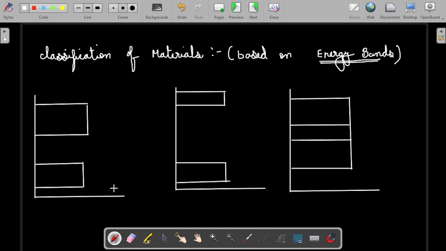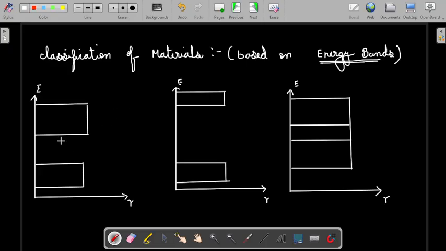Okay. So this is the energy band diagram which is represented. So this is E and this is the distance R. So same for all of them. So this is E and this is also E.